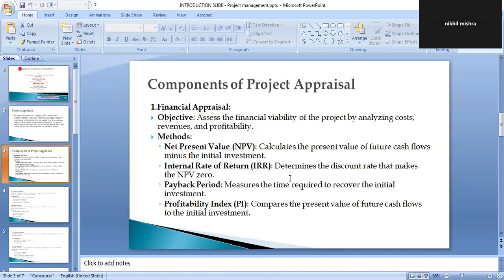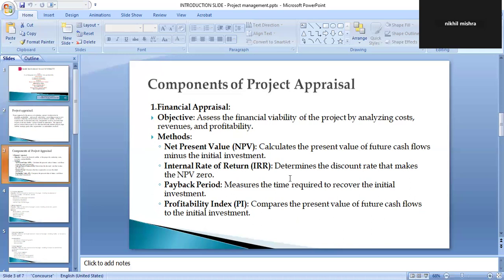The payback period is part of the non-discounting techniques, in which the payback period as well as the discounted payback period is calculated to know whether the project is financially viable or not, so that you can take the decision prior to implementing that particular project.